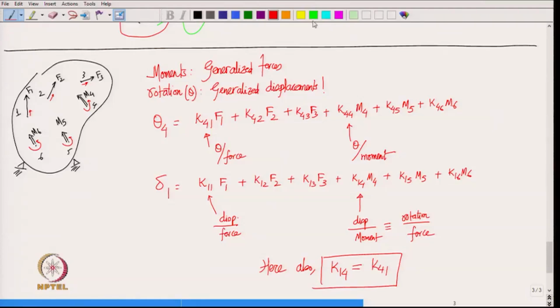This has the dimension of rotation by force, and k_41 also has the dimension of rotation by force. All right. So, the entire thing that we worked out would work in the same way. We just think in terms of generalized force and generalized displacement. All right. So, with this I am going to end the lecture today, and we will continue in the next class. Okay. Thank you.